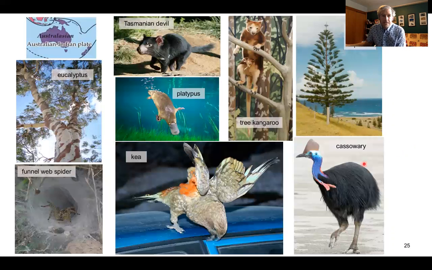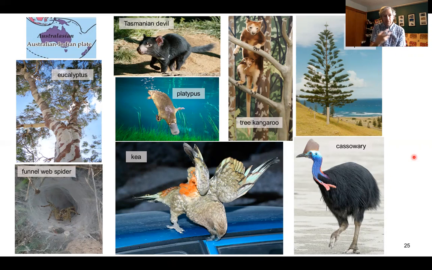And finally, the most bizarre is, of course, Australia. Australia is predominantly home to all the marsupials. The only mammals you see in Australia that are not marsupials are bats, which have managed to fly there subsequently. But the Australian plate separated from the rest of the world before placental mammals evolved.